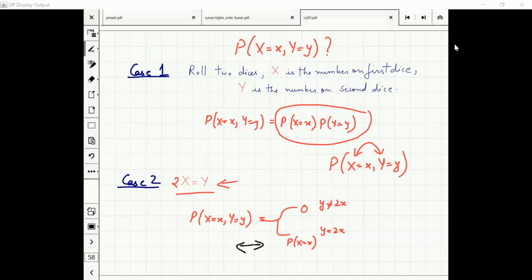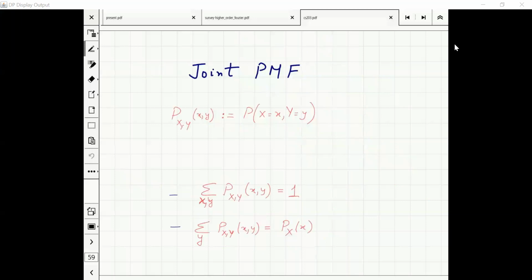This idea of relationship between x and y will lead to a different formula for this quantity P of X equal to x and Y equal to y. This idea of dependence and independence of x and y will be very, very important, and we will deal with it in future. For now, notice that there is no single way to define it, and that's why we need something called the joint probability mass function.